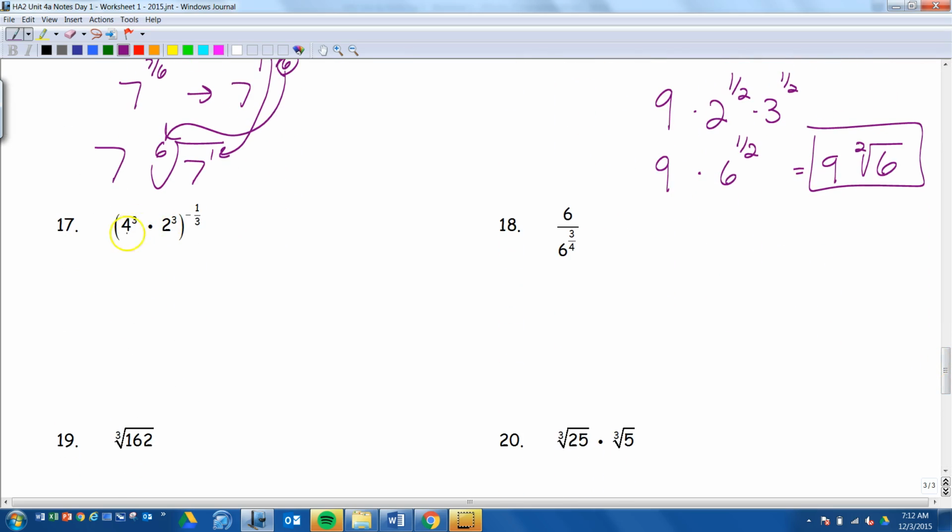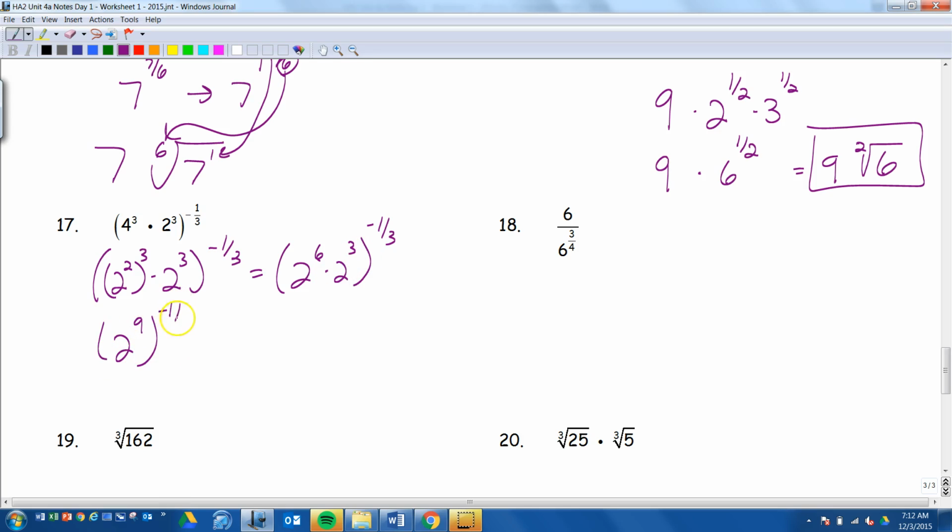Okay, again, these are not the same bases, but we can make them the same base. This is 2 squared and then to the 3rd. So this is 2 to the 6th times 2 to the 3rd. Now we have the same base. So we can add our exponents. We have 2 to the 9th to the negative 1/3.